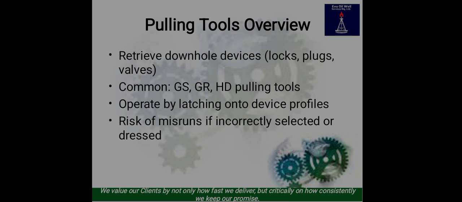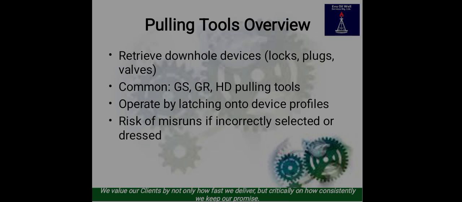So we're going to talk about the pulling tools, an overview. Pulling tools are used to retrieve devices from the well. Examples include the GS pulling tool, GRO pulling tool, and HD pulling tools.